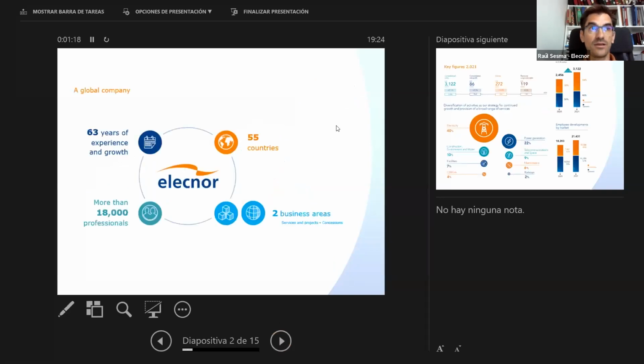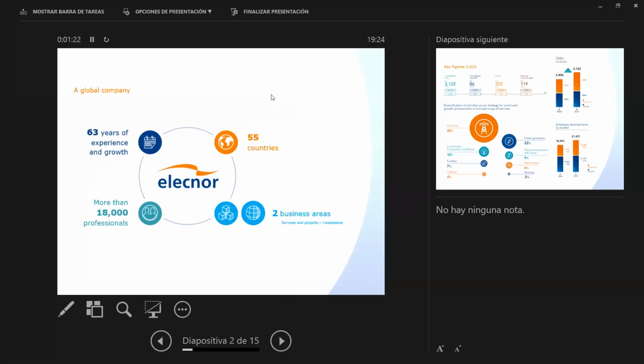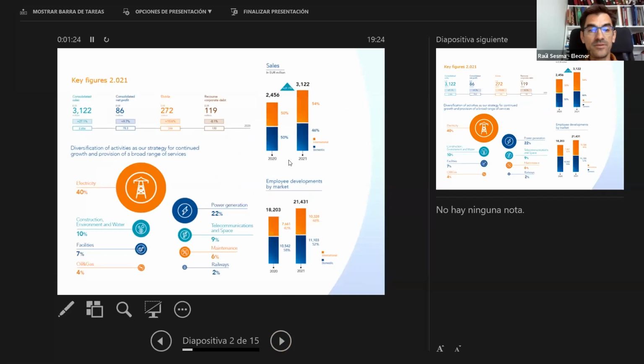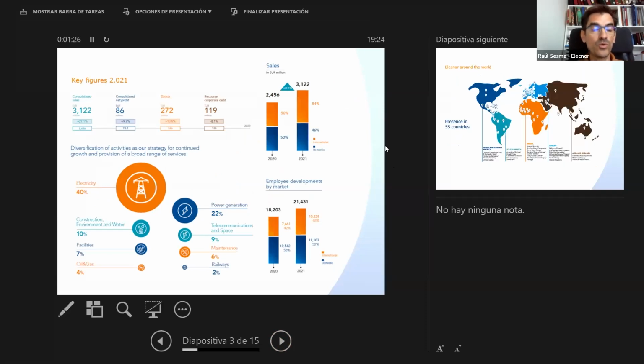So here we can see that the company was founded in the late 50s. In the beginning, we were specialized in electricity, mostly overhead lines for distribution and transportation, working for the big electrical companies in Spain. And after that, during these 60 years, the company has been looking for other business.